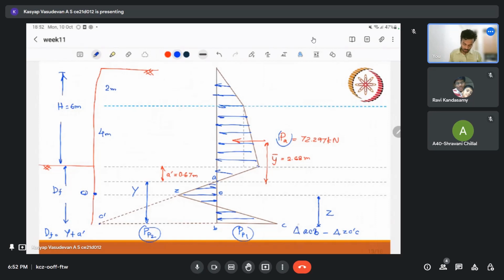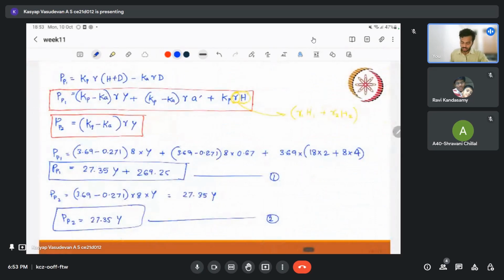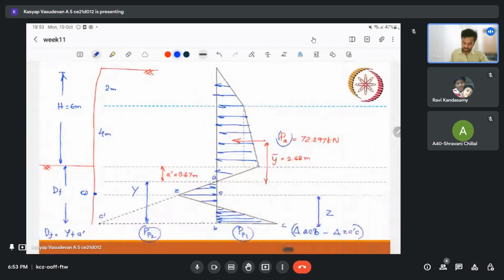So in order to get the shaded region, we divide it into two triangles and subtract. Once we get that area, we will get the force.